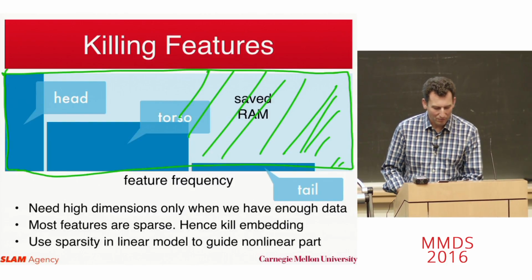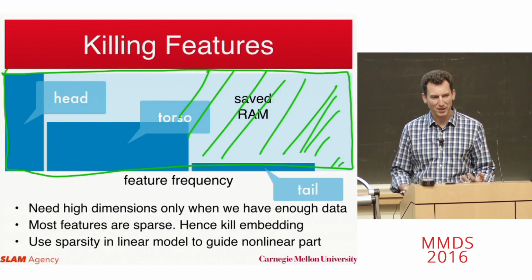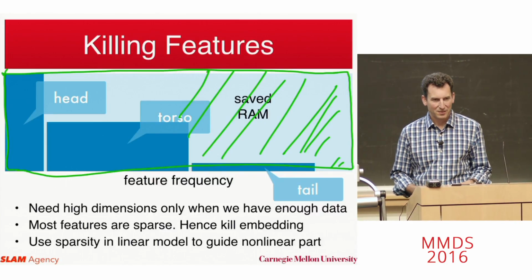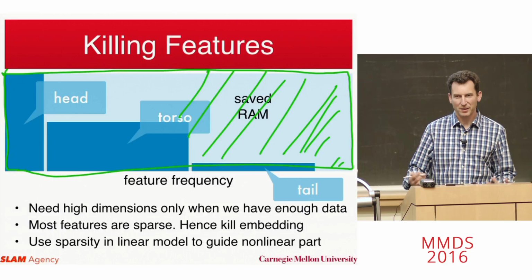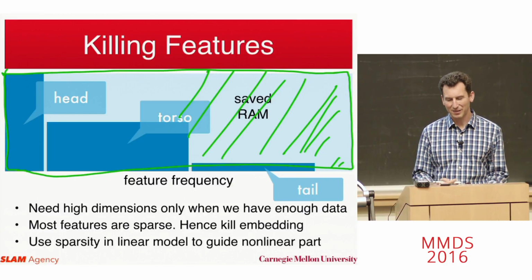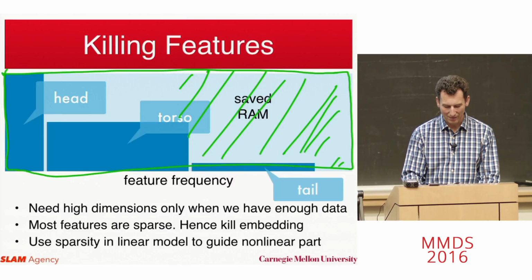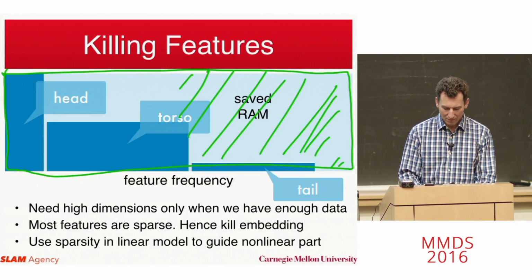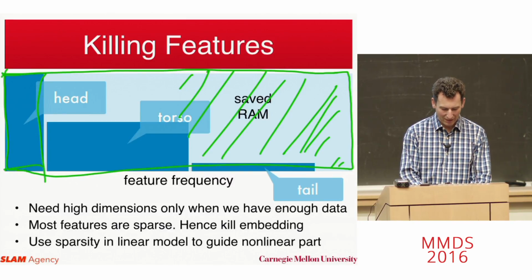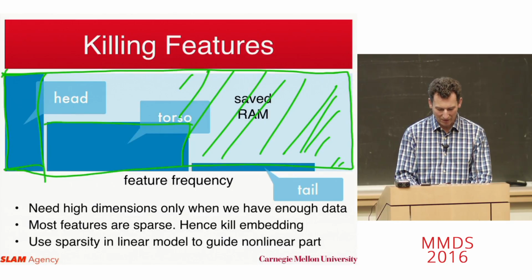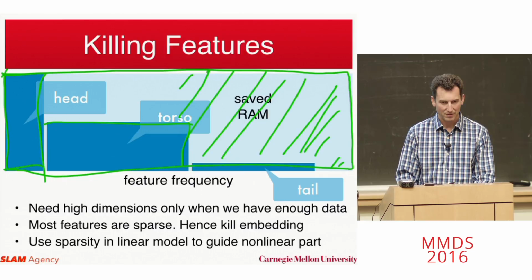If I want to use a 100-dimensional embedding for something that occurs 4 or 5 times, it doesn't make any sense. So I can immediately apply a safe screening rule in the L1 penalty and argue that these things have no chance of even existing. And I don't have to do it as a binary choice of either having all the representation or nothing. I can gradually increase the dimensionality.